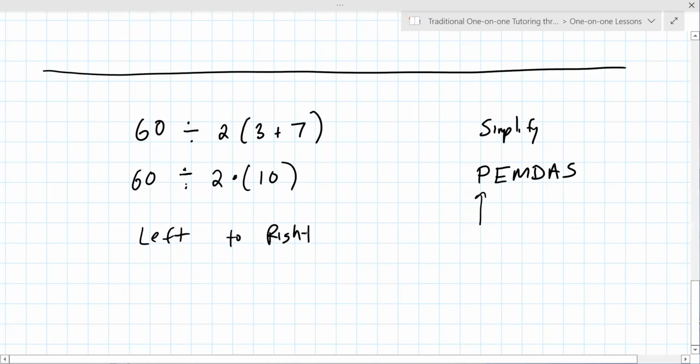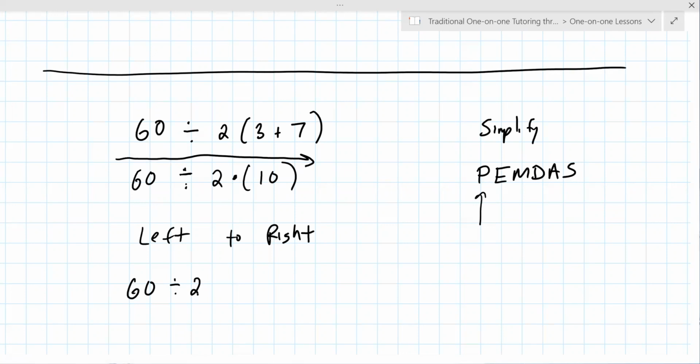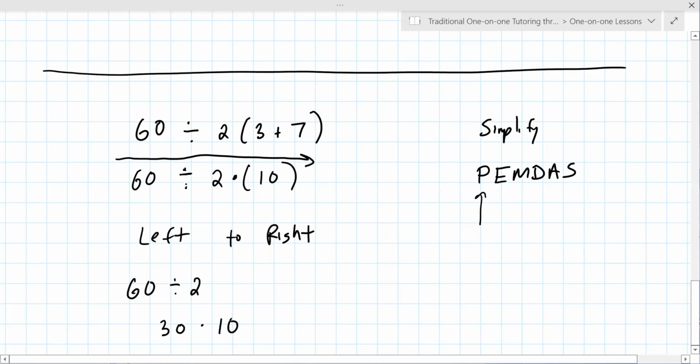So you're going to divide first. 60 divided by 2. Okay, and that is 30. 30 times 10. And what's the final answer?